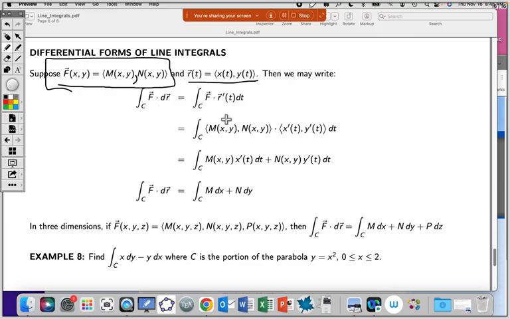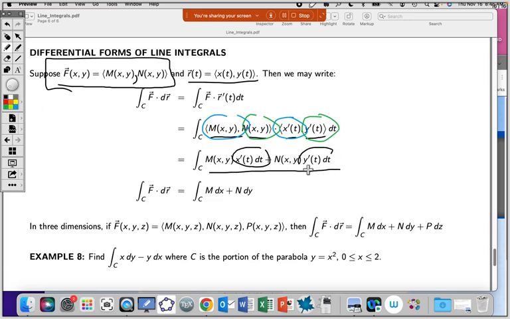Then if you work this out, F dot r prime, you'd have M comma N dot x prime comma y prime, and then you do your dot product. So you multiply the corresponding components and you add them up. You would get down to this expression, and then using the definition of differentials, x prime dt is dx, and so this would be the differential form of a work integral.